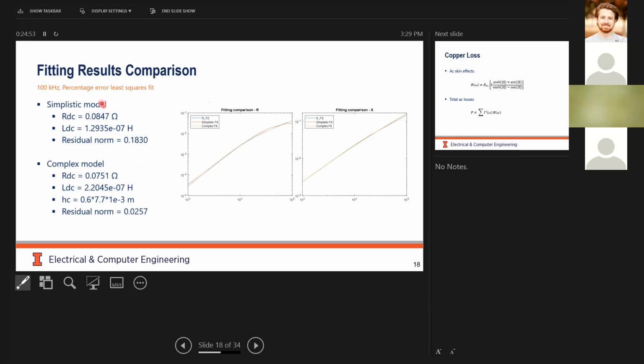So if we use percentage error least squares fit, then the improvement is obvious. The residue norm reduced from 0.18 to 0.02.